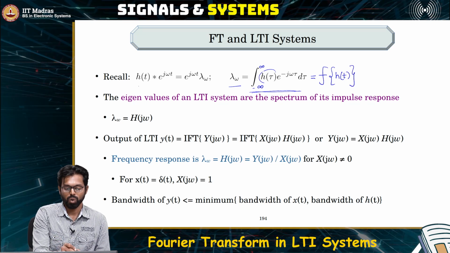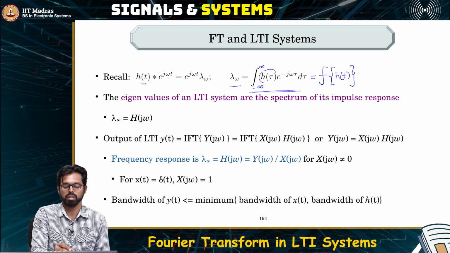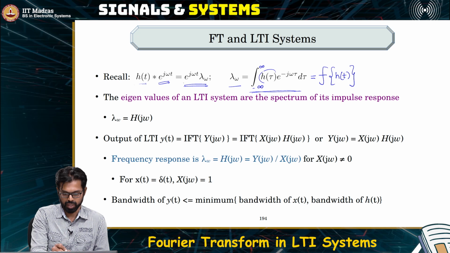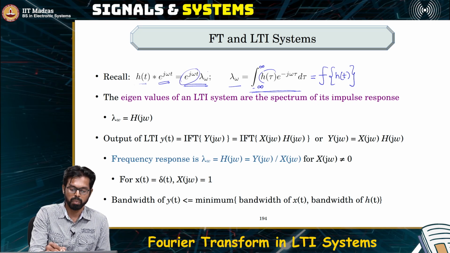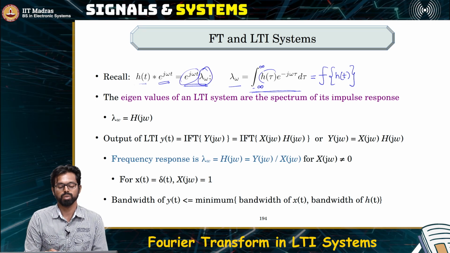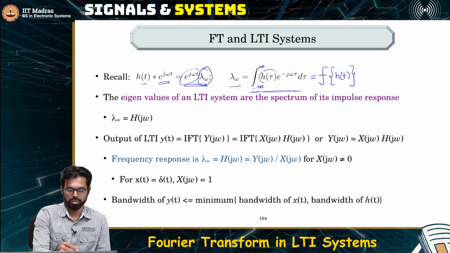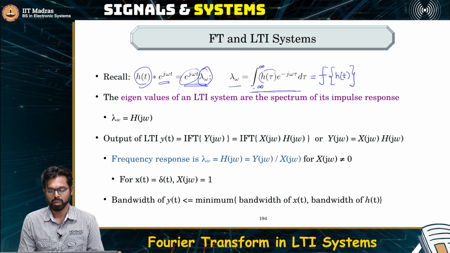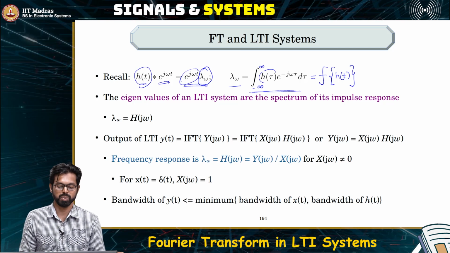So, if we are convolving a signal with the phasor, then the output is nothing but the phasor scaled by the Fourier transform of the signal. This is exactly the convolution property which we just studied.